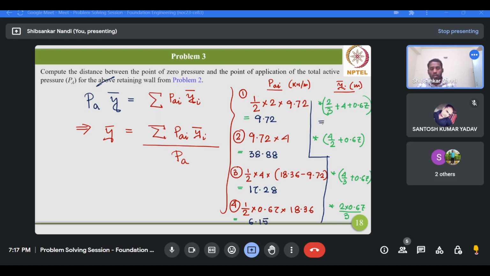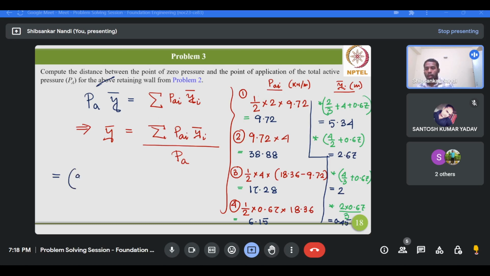And these values are 5.34, 2.67, 2, and this is 0.45.